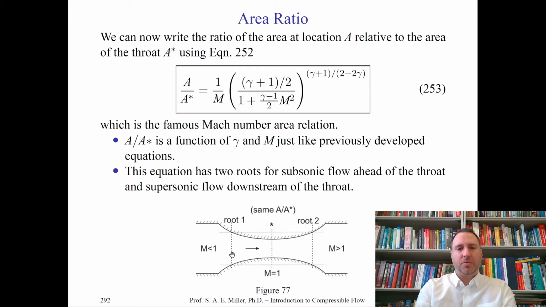For example, root 1 will correspond to, say, A sub 1 over A sup star, and root 2 would correspond to A sub 2 over A sup star. A sup star remains the same in both flows. So we have completely changed this problem, and all variables in the flow, as long as the flow is choked with M equals 1 at the throat, are only a function of A over A sup star.